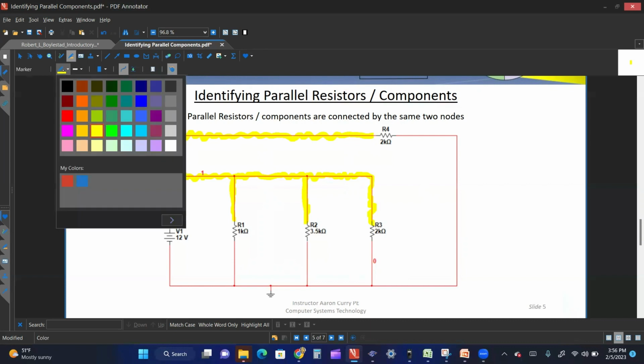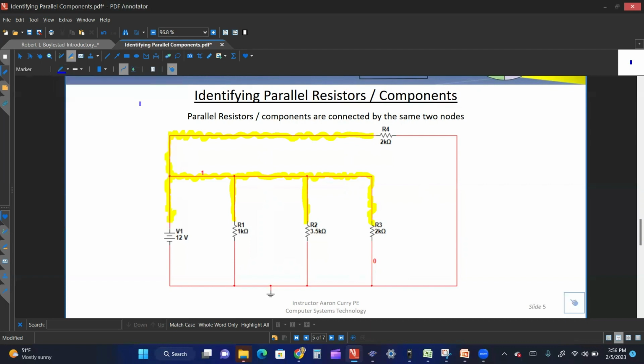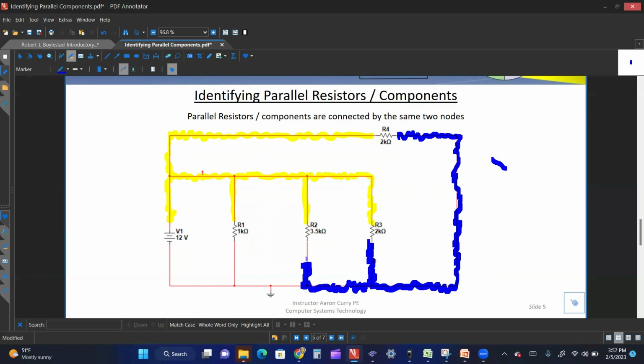So let's change the color. And we'll start right here. All right.